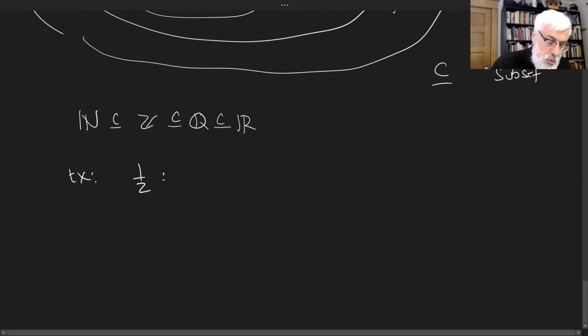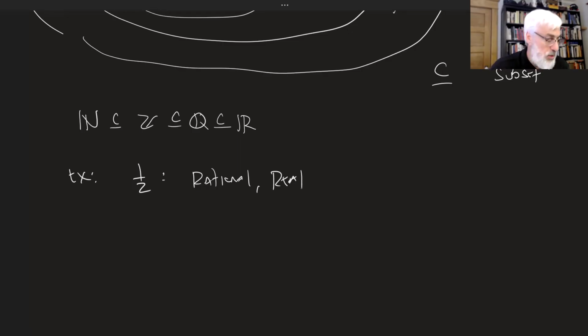So 1/2 is rational because I can express it as a fraction of integers. 1 is an integer, 2 is an integer. It's not an integer because it's a fraction, and it's a real number. So you can see I can define 1/2 as a rational number and a real number.